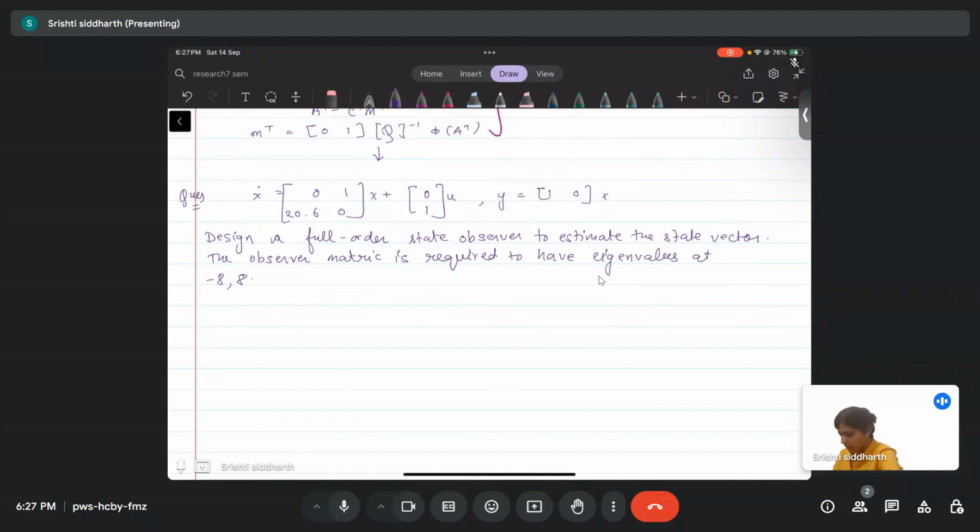Then we have the desired characteristic equation: (s plus 8) squared, s squared plus 16s plus 64 equals 0.